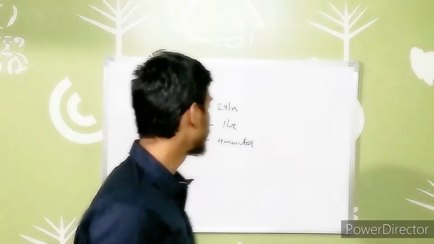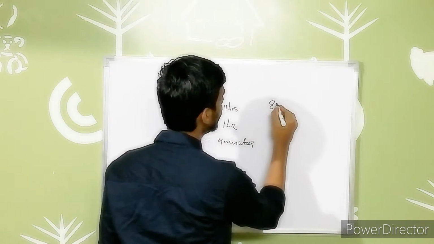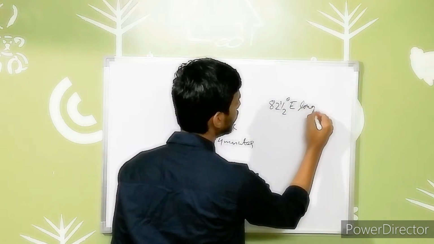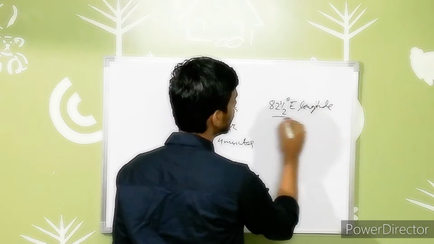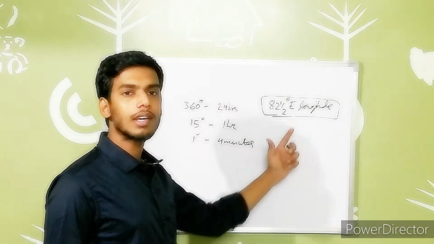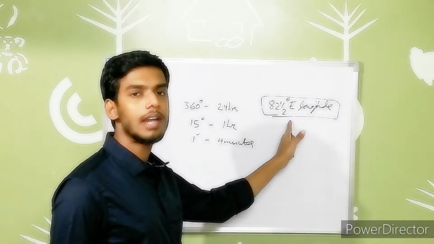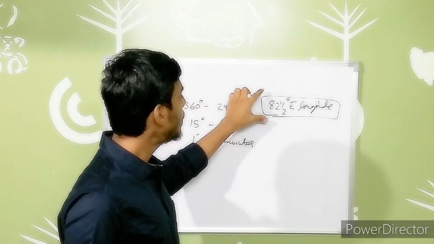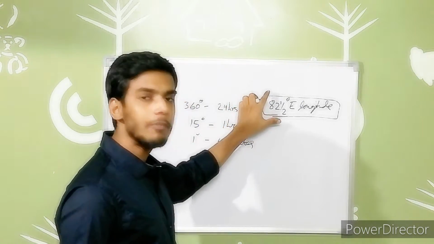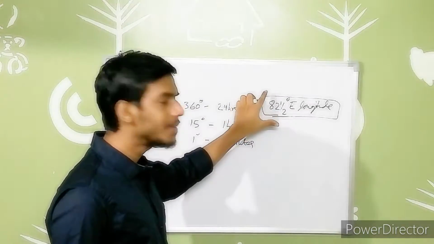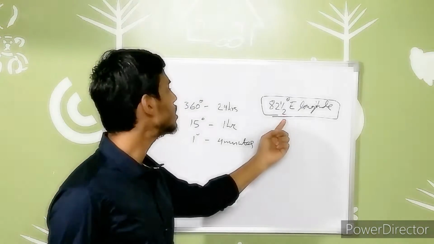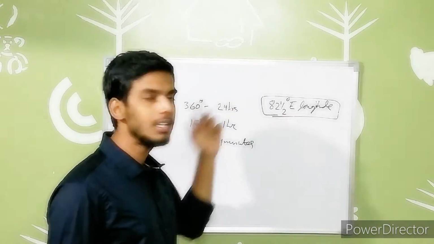In India, we consider 82.5 degrees eastern longitude as the standard reference. Based on this longitude we get our Indian Standard Time. The time at this eastern longitude is considered the local time of the whole country. So our standard longitude is 82.5 degrees eastern longitude.